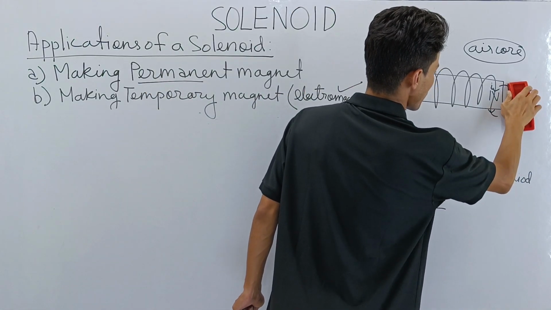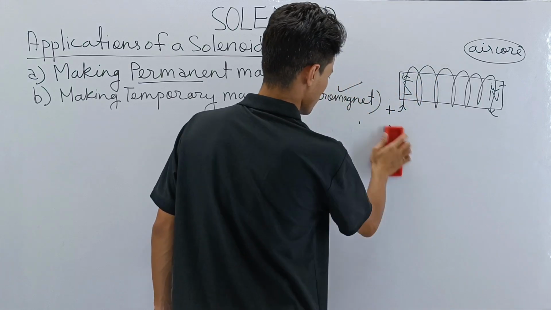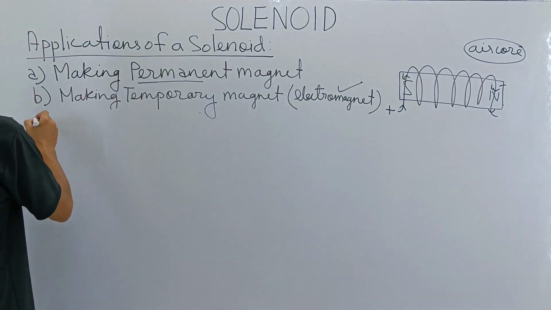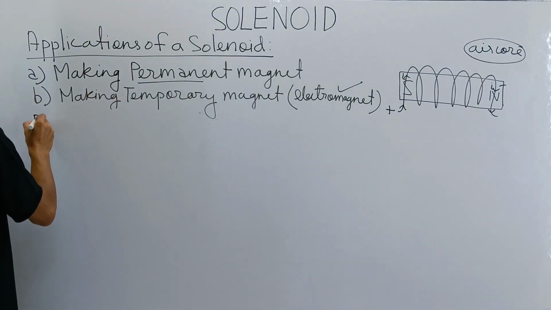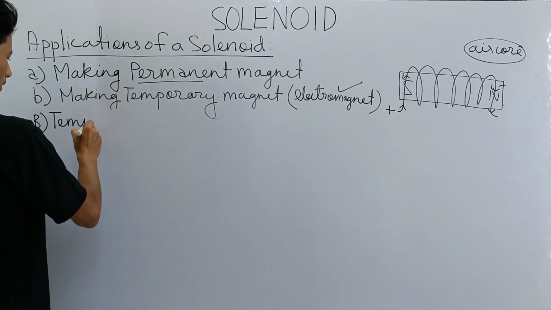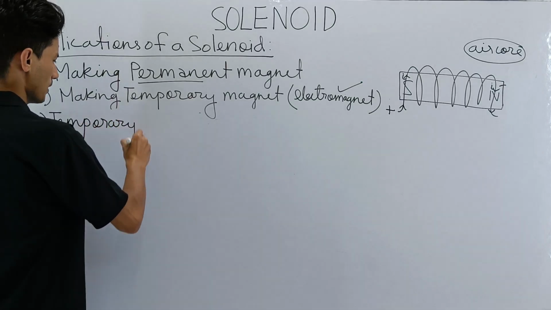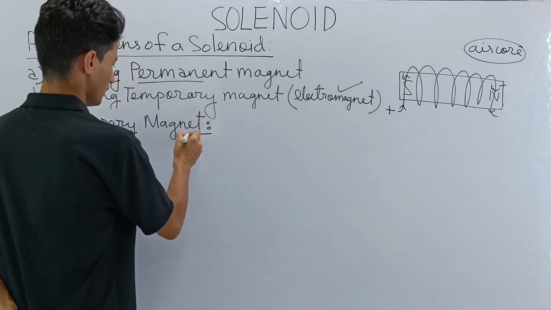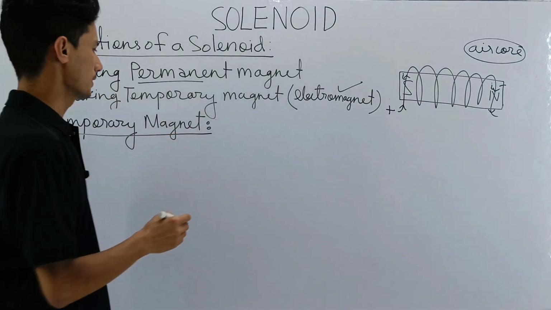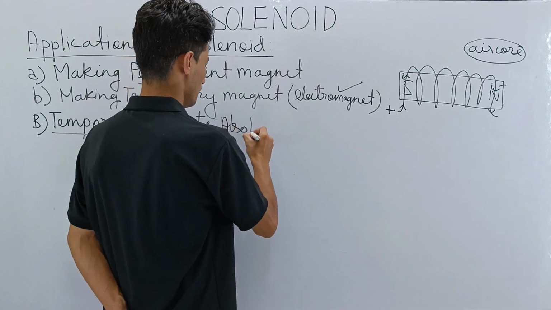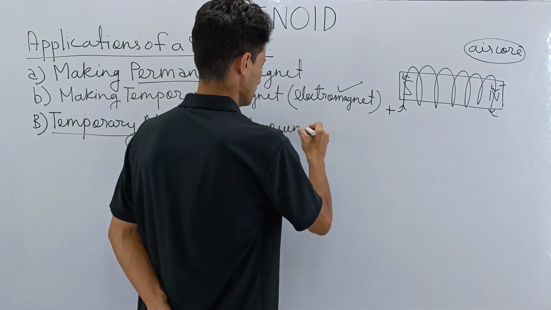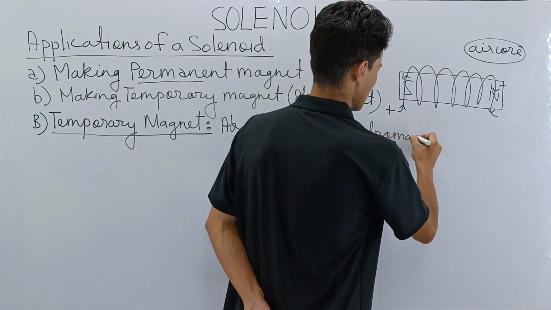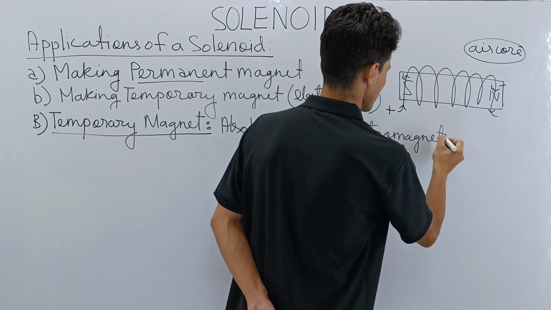Now we will be using a soft iron, so let me change this also. Next, point number 2, or point number B, temporary magnet, which is also known as an electromagnet.